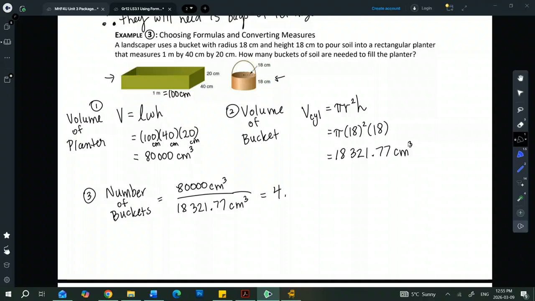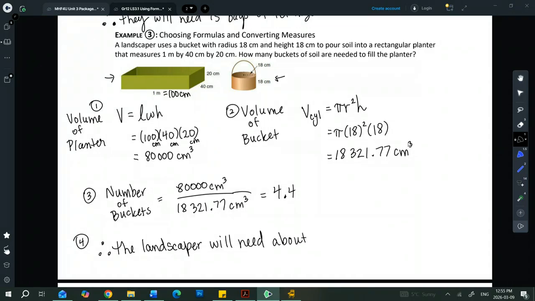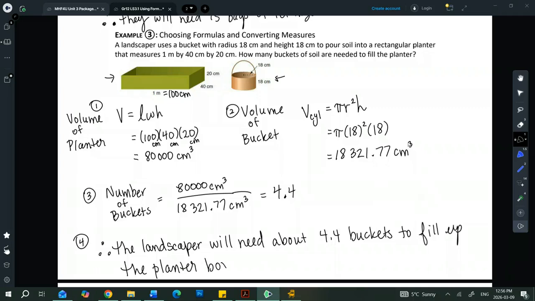Yep. All right, give me a therefore. We'll just say 4.4. Perfect. Great, that's it.